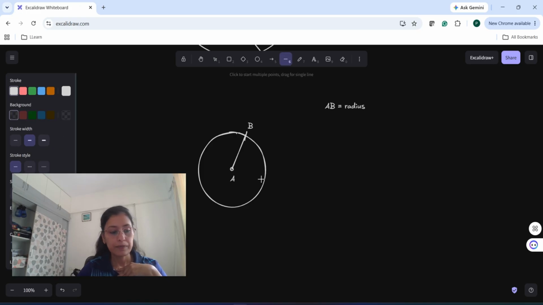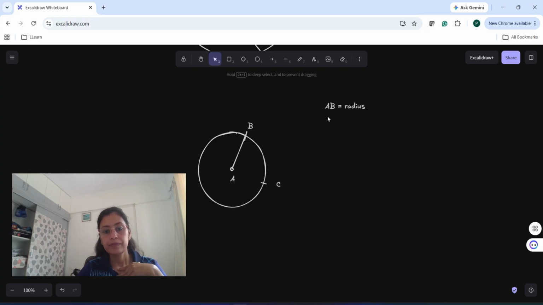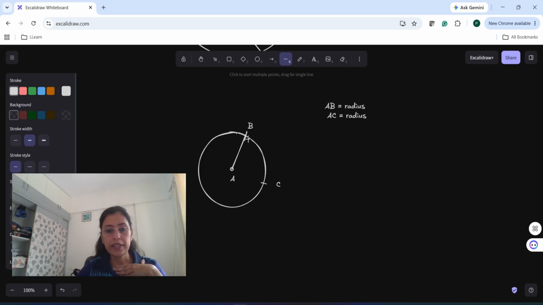Similarly, this is another point, I'll call it C. What is AC? This is also the radius. Now, what I'll do is, I'll join these 2 points which are there on the circle.